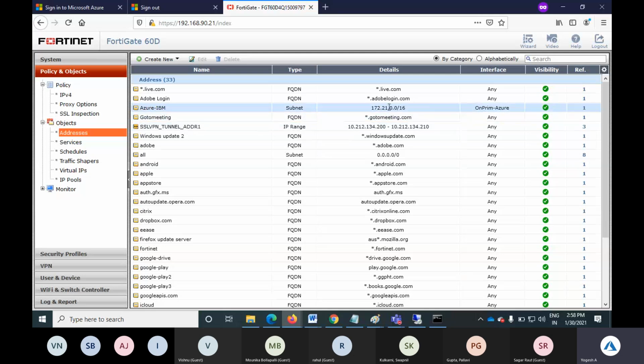This is the subnet we have allowed, which is 172.21.0.0/16.